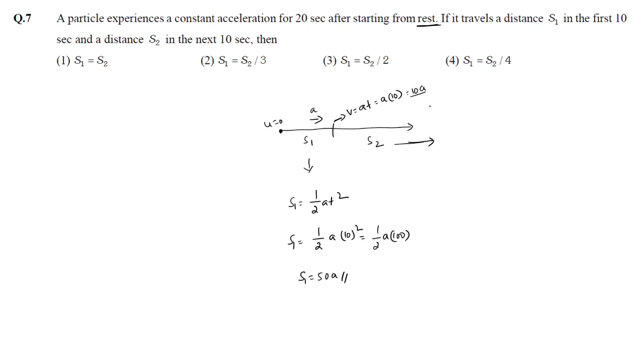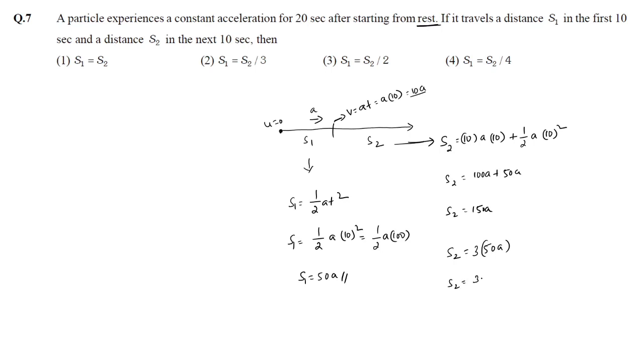With that velocity of 10a, how much distance is it going to cover? s2 is equal to initial velocity 10a into time 10 plus half a into t square, that is s2 is equal to 100a plus 50a. So s2 is 150a. That means s2, can we write it as 3 into 50a?